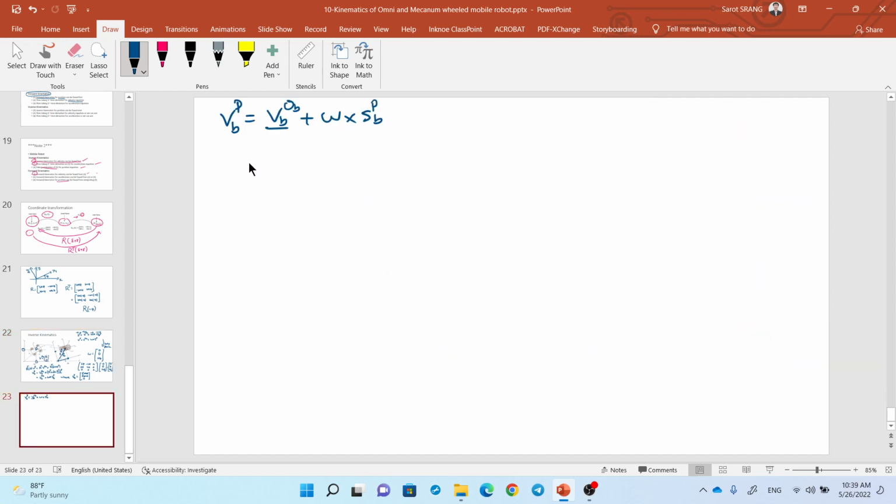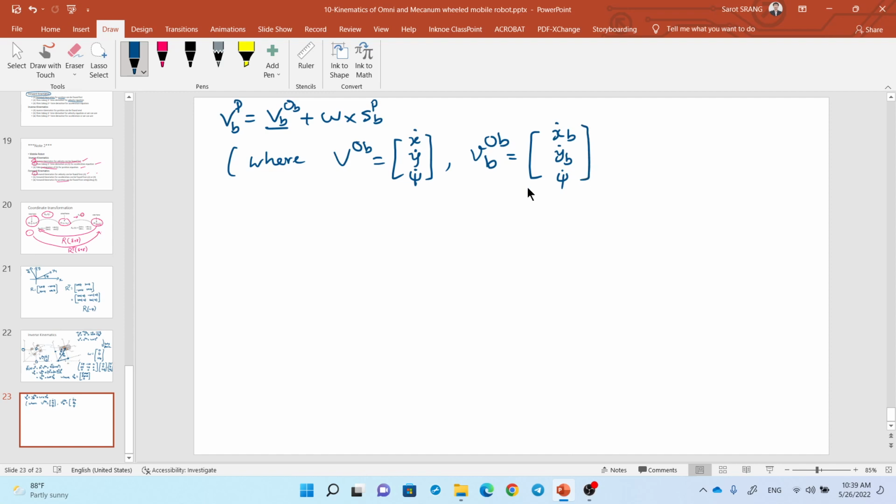So where VOB is actually X dot, Y dot. No, not just X dot, Y dot, but X dot, Y dot, and psi dot. I put this together. And what about VOB but on the body frame? XB dot, YB dot, and psi B dot, like this.